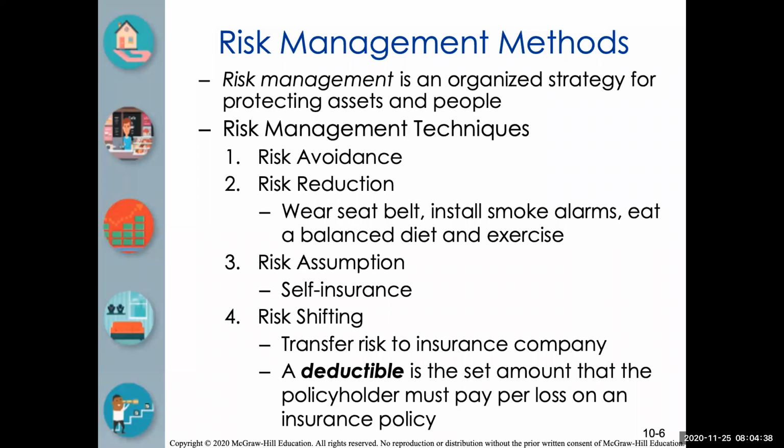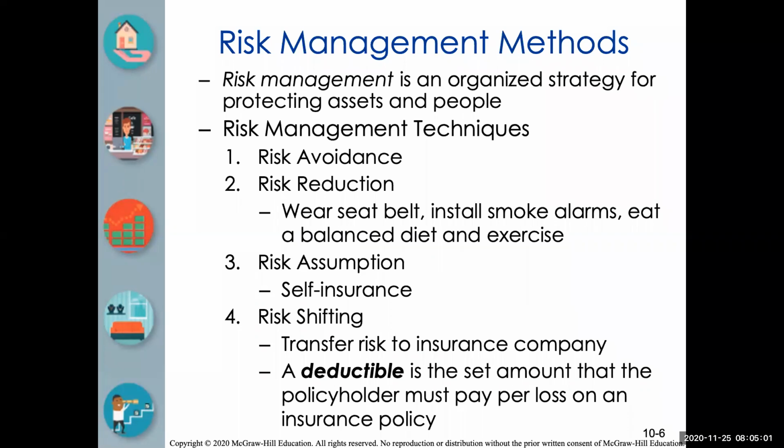So we assume the risk. We call this self-insurance. Many uber wealthy families self-insure because they have so much money that they can pretty much afford any cost associated with the damages that might result from the risks that exist.